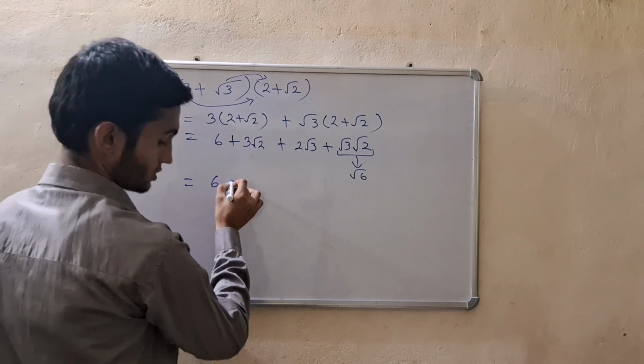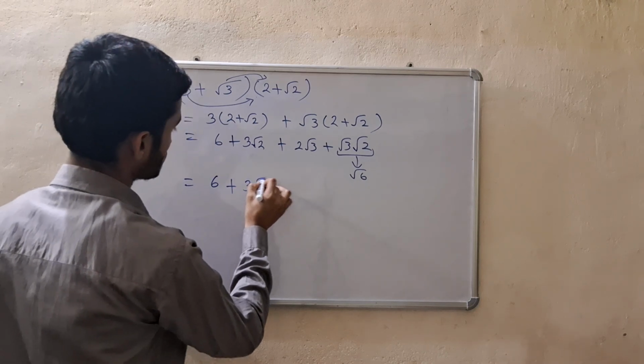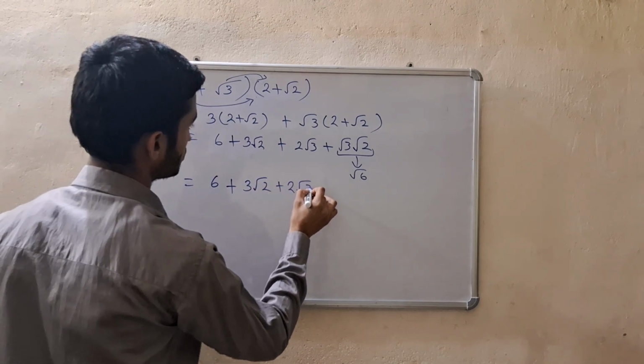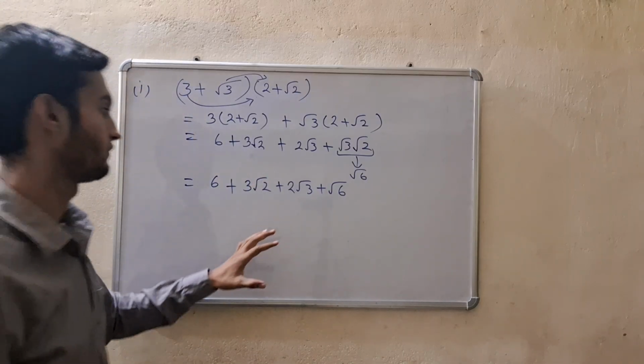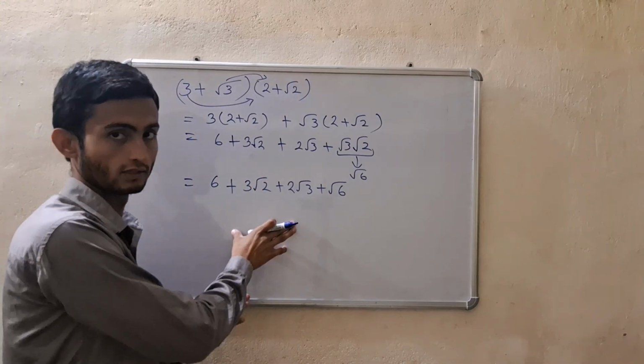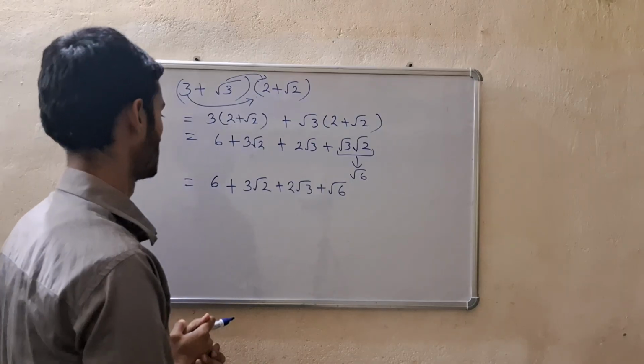So this is 6 plus 3 times the square root of 2 plus 2 times the square root of 3 plus square root of 6.